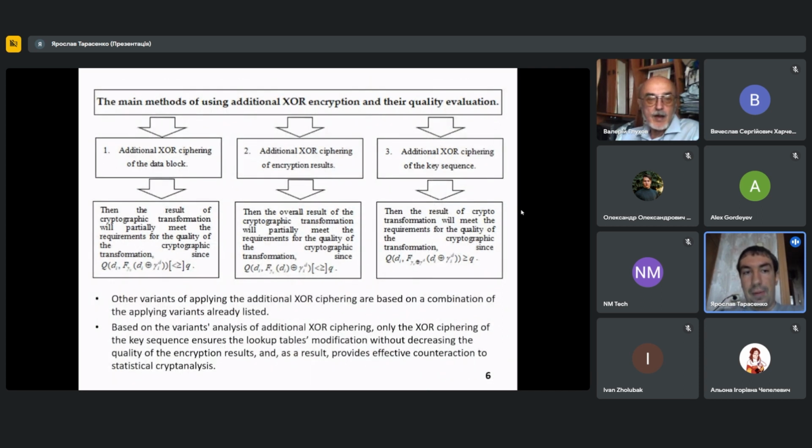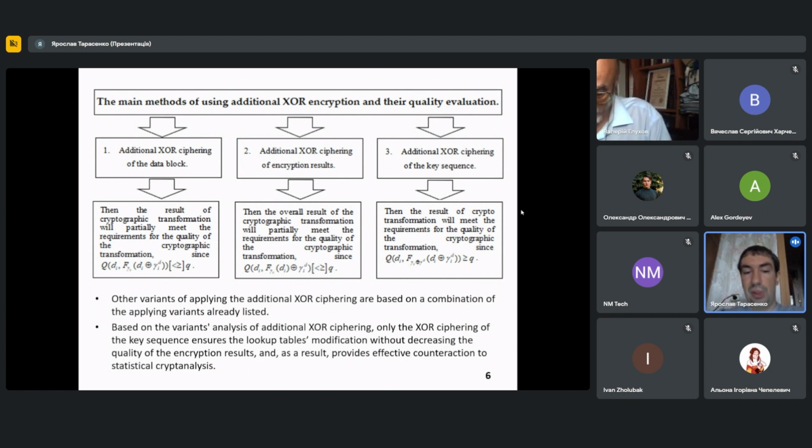So the main methods of using additional XOR encryption and their quality evaluation are divided into three parts. First of all, additional XOR ciphering of the data block. Secondly, additional XOR ciphering of encryption results. And thirdly, additional XOR ciphering of the key sequence.